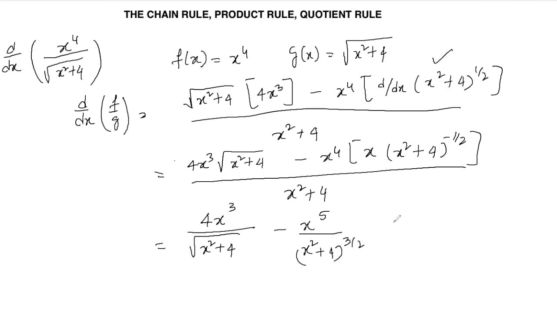If we simplify further, we get 3x power 5 plus 16x cube divided by x square plus 4 to the power of 3 by 2. So this is the final answer.